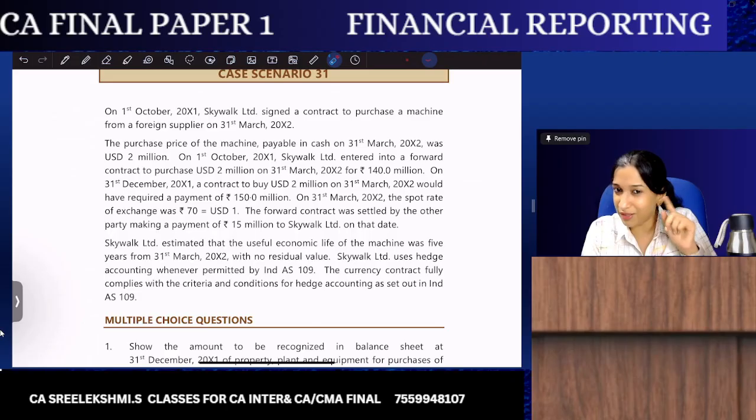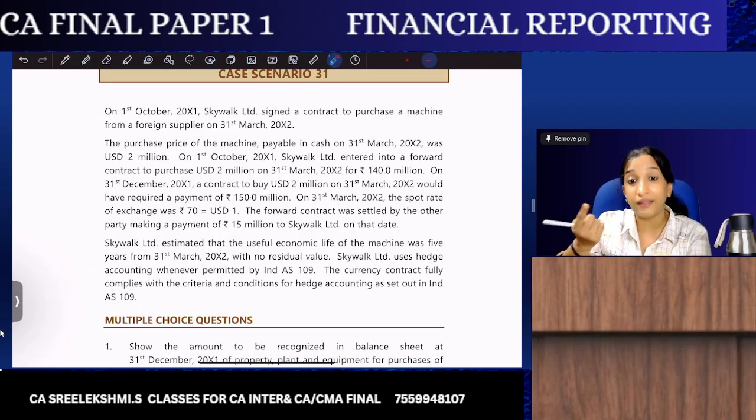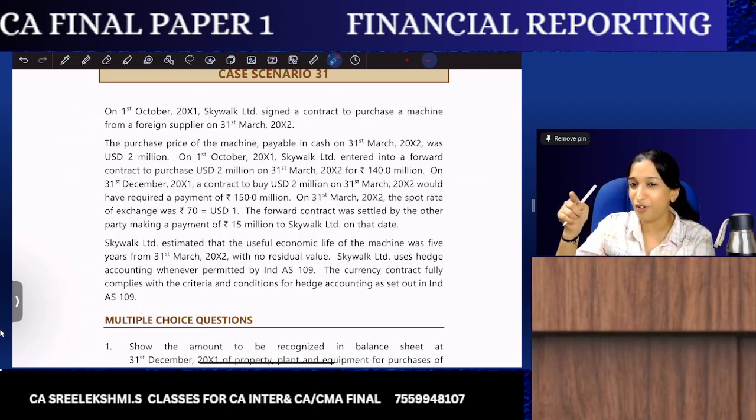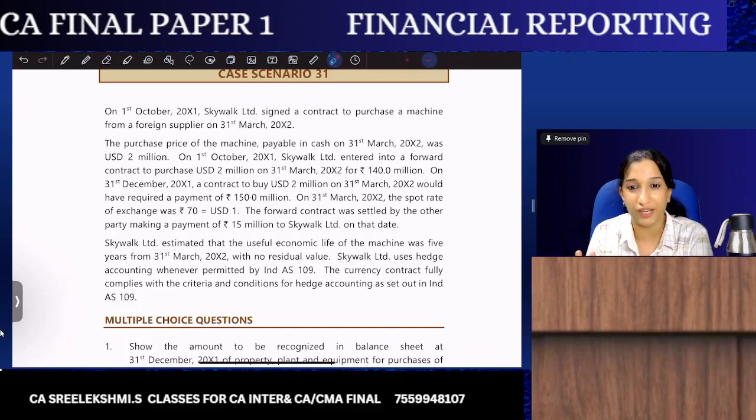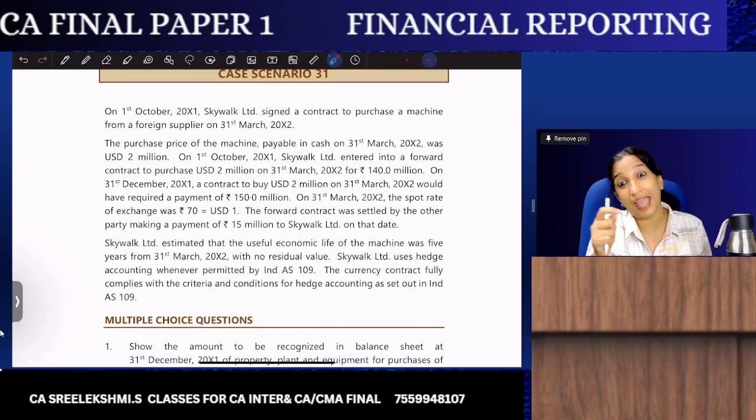The gain or loss should be transferred to the cash flow hedging reserve in OCI, and that amount gets accumulated in the cash flow hedging reserve. At the time of settlement, the amount in the cash flow hedging reserve is reclassified, but not directly to P&L. Adjust the carrying amount of that purchase or sale, whatever you have made. Please refer to the type of questions we have done. We have never reclassified to P&L, but we adjusted against the purchases or sales.